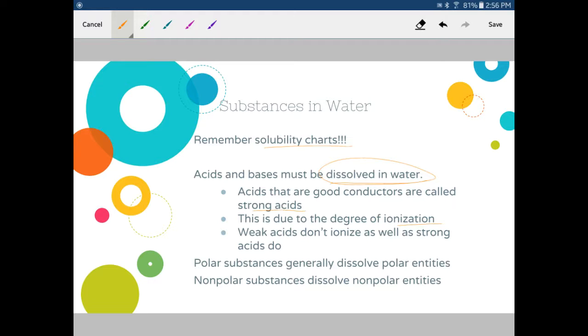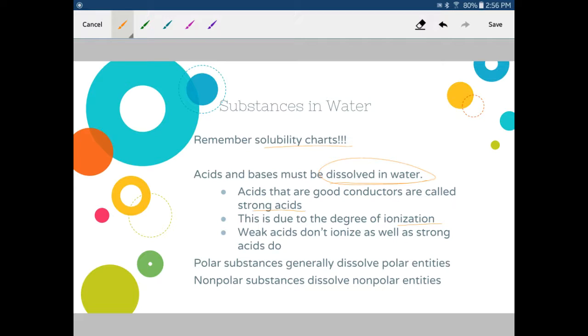However, if you take a vegetable oil or olive oil or coconut oil and rub off any sticky label, you'll find that works significantly better than water, because you're using a nonpolar substance to dissolve a nonpolar entity. So that's pretty cool to talk about as we go through.